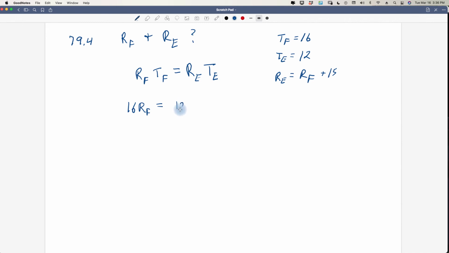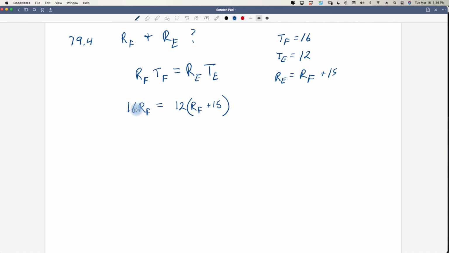So I'm going to say 12 times R sub F plus 15. Okay, everybody see how I did that? T sub E is 12 and R sub E is R sub F plus 15. So I just reversed them because we can do that because of the commutative property of multiplication. We can move things around. I just like to have my whole number in front of my parentheses, that's all.